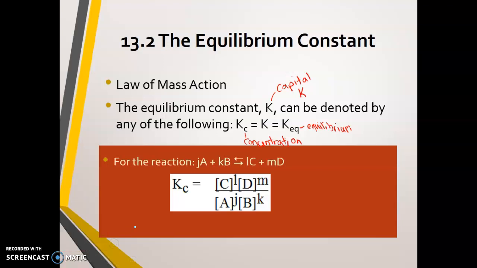So I like to think about this as K is equal to concentration. Remember the brackets refer to concentration.